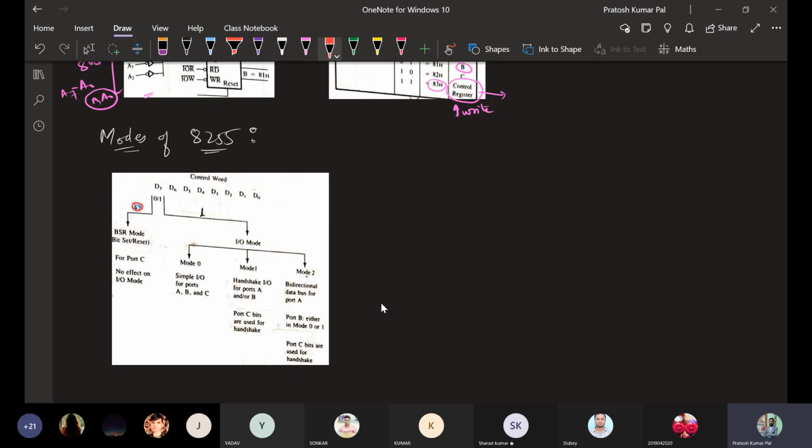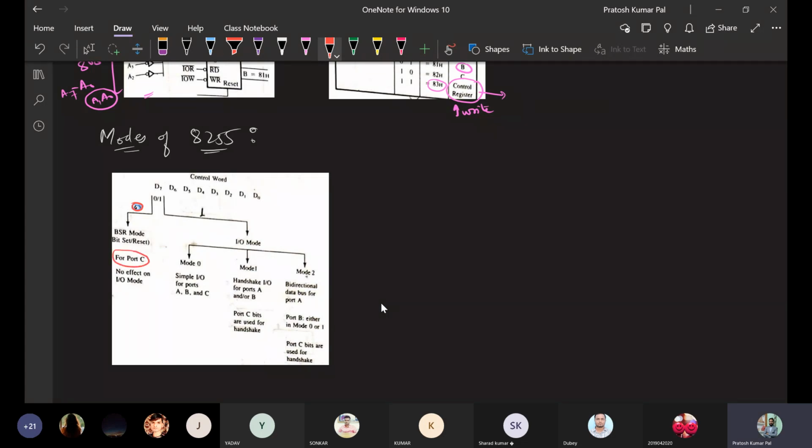So if D7 is 0, the 8255 works in bit set reset mode, that is BSR mode. If this D7 data is 1, then it will be working in input output mode. If it is working in BSR mode, this BSR mode is only for port C.